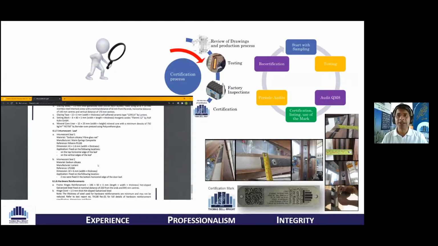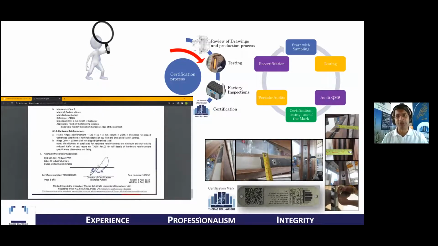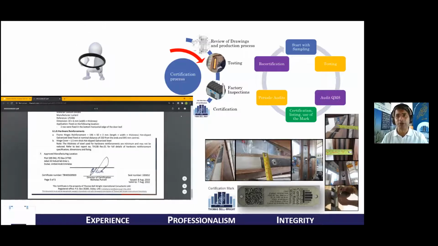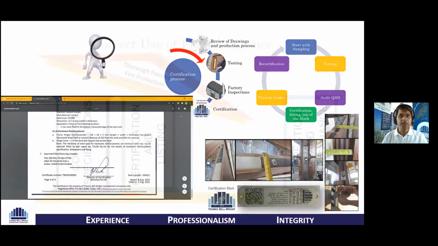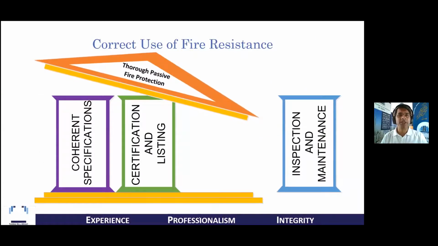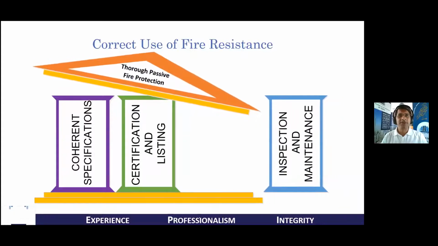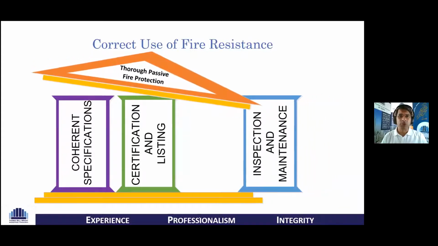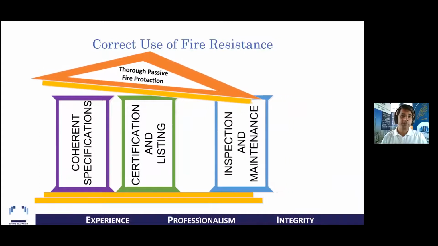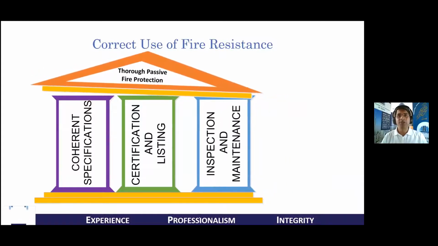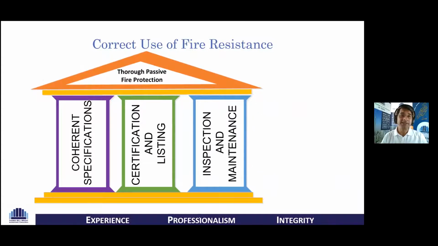And I welcome you to search not only our certification directory, which is tbwcert.com, but several certification bodies who make a lot of data public to ensure that they provide us the tools to ensure that when a certain product or a system is designed and procured, there is enough evidence available to inspect as well as to maintain that fire resistant assembly.